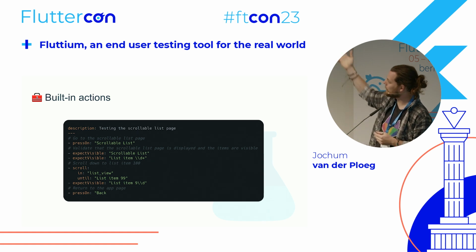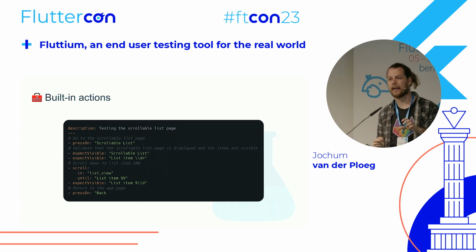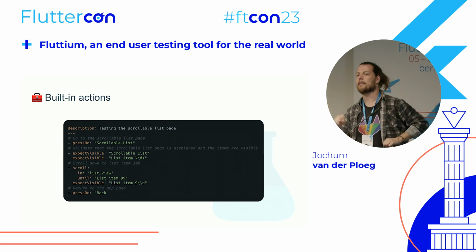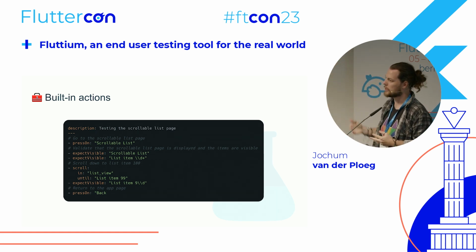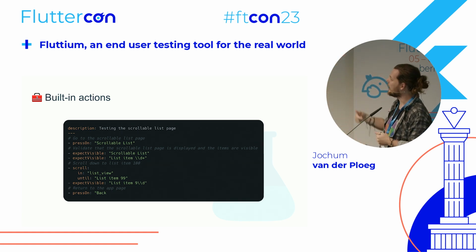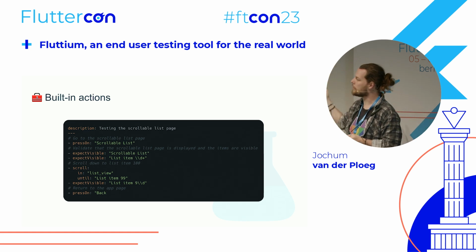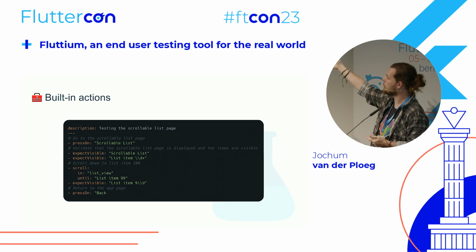Well, it's as simple as this. You press on whatever you want to press on, so I added all these semantic labels that explain what you're seeing on the screen. In this case, it's scrollable list. It's not really explaining anything, but it's to make it more sensible for you guys that it was the previous test. And then you can expect things, you can verify that certain things have happened, etc. And then it can perform an action like scroll.